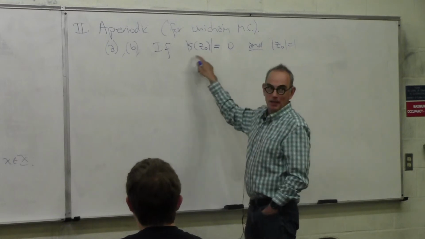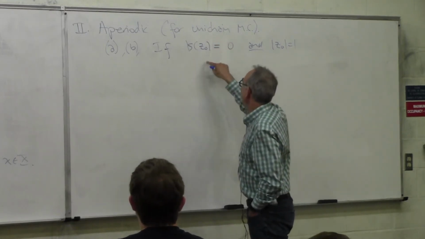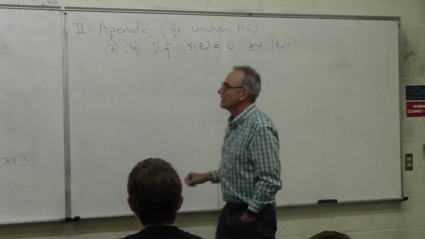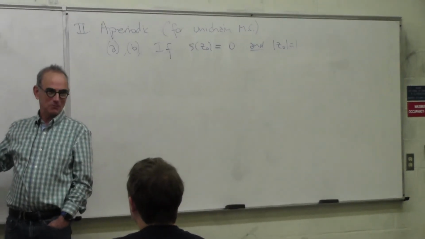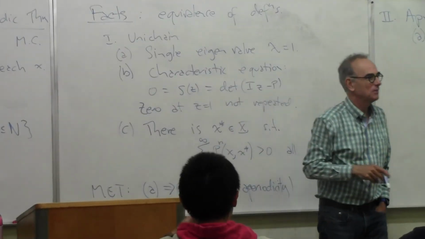So if you have, I don't need those absolute value, modulus signs. So there's a characteristic equation. Any zero of this is an eigenvalue, right? Basic linear algebra, which I seem to be forgetting.